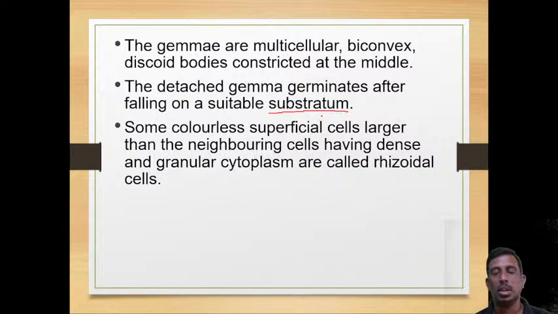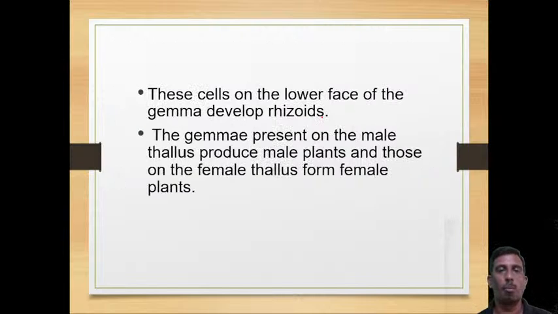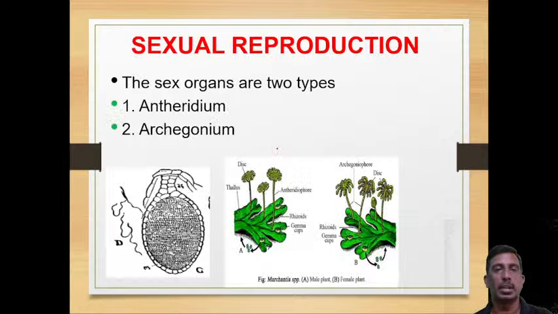Okay. So this helps in asexual reproduction. When they fall on the soil, from the lower surface they will form rhizoids. Rhizoids are root-like structures, similar to roots, which help in absorption of minerals and nutrients. And they produce male and female thallus separately, as in Marchantia.